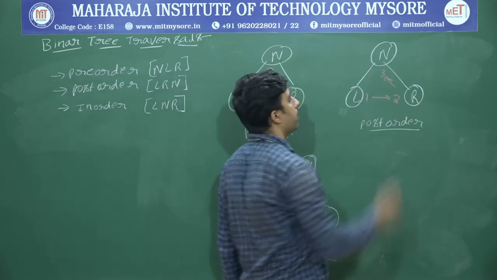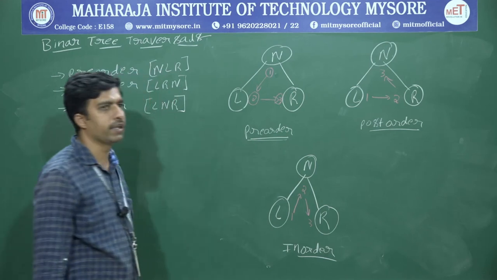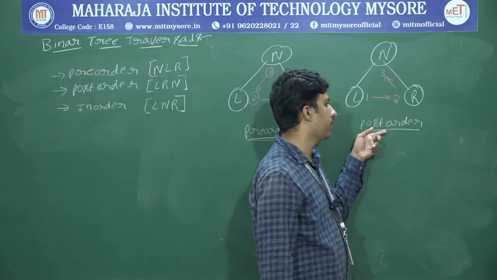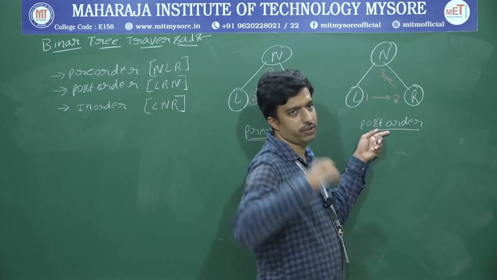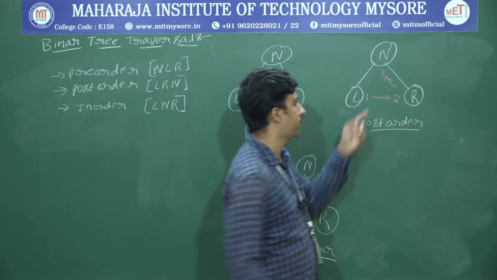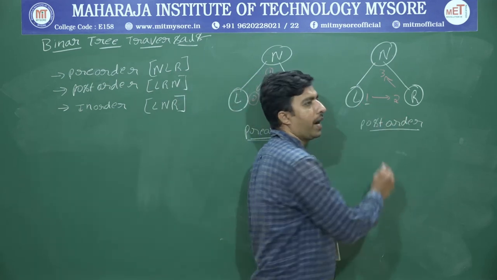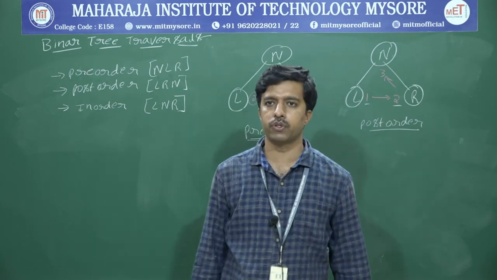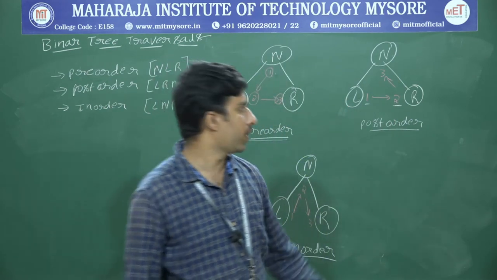Now the post-order traversing. In post-order, it traverses the left node first, the right node next, and then it traverses to the node and processes it.